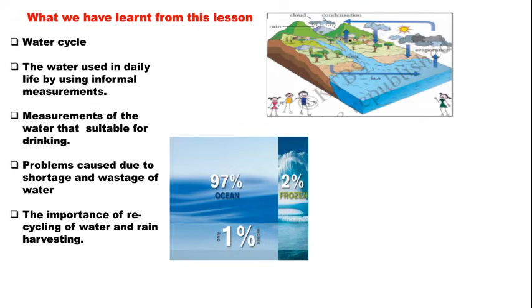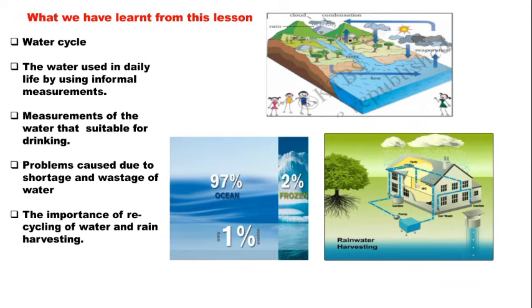So, problems caused due to shortage and wastage of water, the importance of recycling of water and rain harvesting. Isn't it, children? Yes, you can see in the picture the water cycle and how much percent water we will get on our earth. It is salt water, how much percent, and in the form of ice, and the suitable water, how much percent. And the last, the importance of recycling of water and rain harvesting.